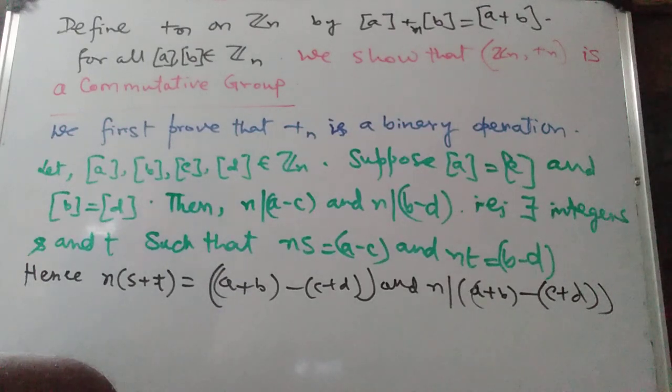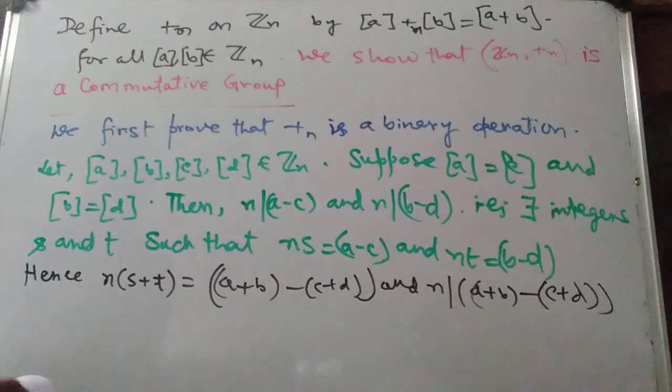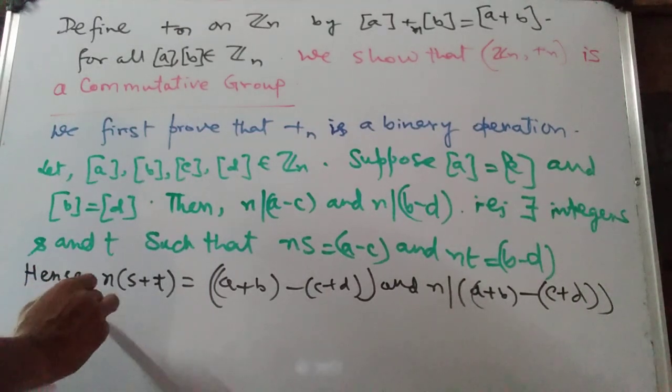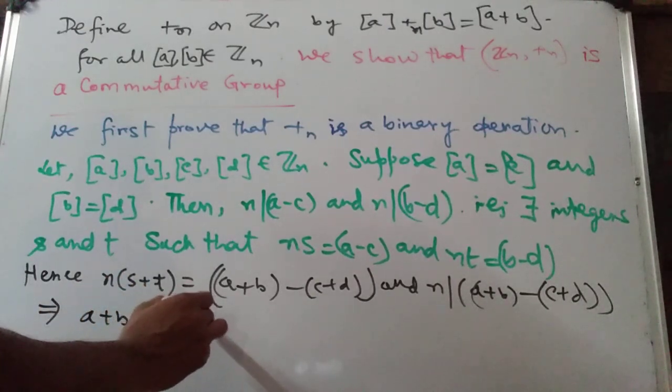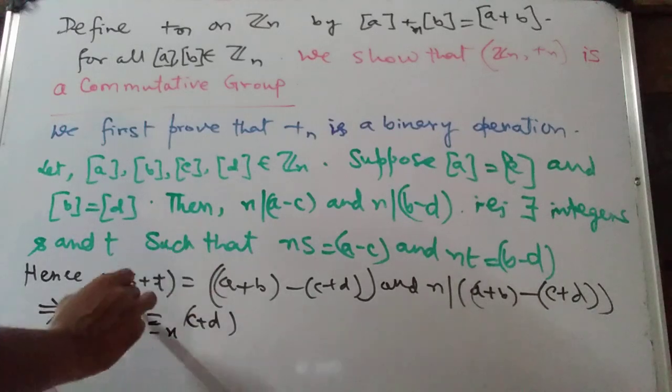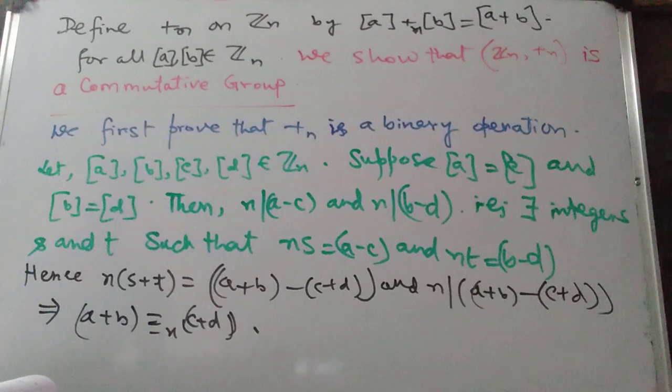Then this implies that A plus B equals C plus D with respect to modulo n. Understood?